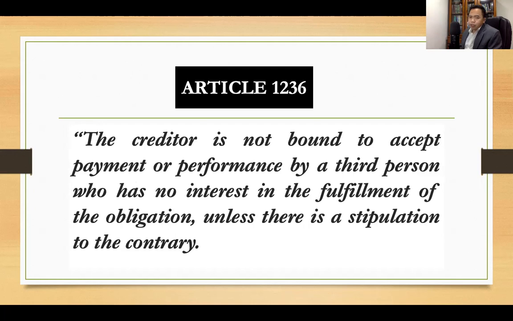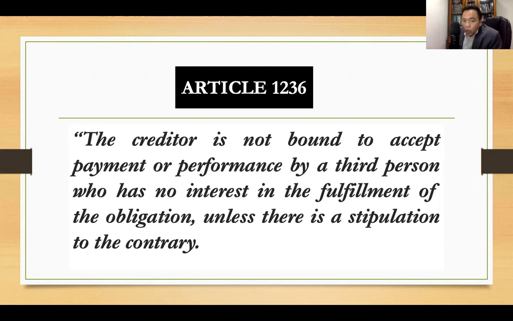When you say third person, this means a person other than the contracting parties. Now, this third person has no interest in the fulfillment of the obligation. He is not a guarantor. He is not a surety. Can the debtor compel the creditor?